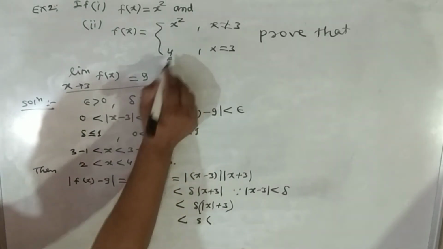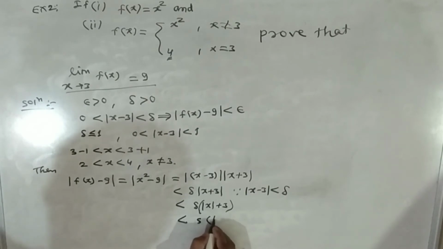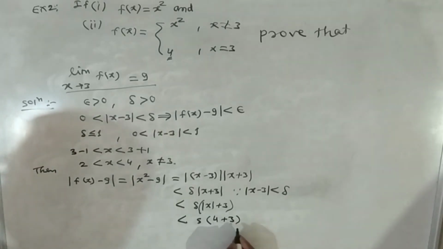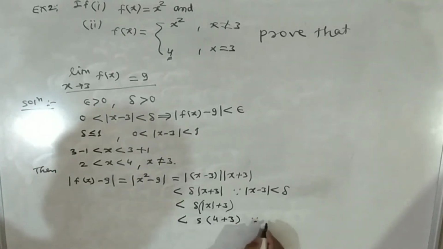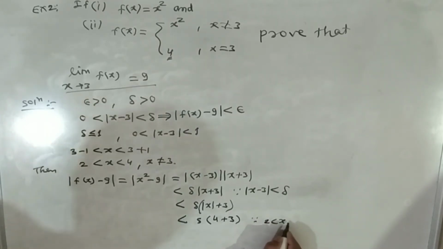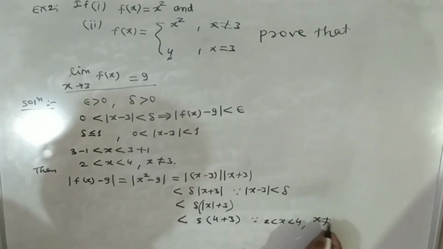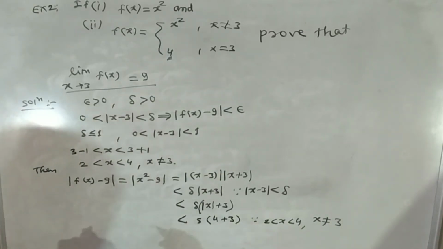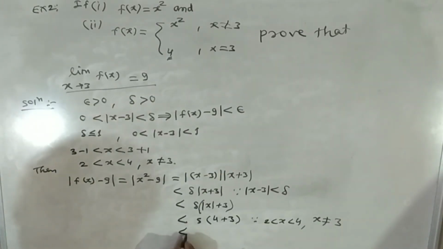Now we take x as 4, so 4 plus 3. If 2 is less than x is less than 4 and x is not equal to 3, then this is strictly less than 7 delta, which is equal to epsilon.